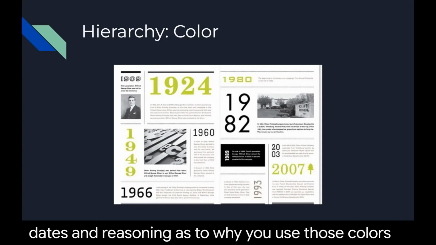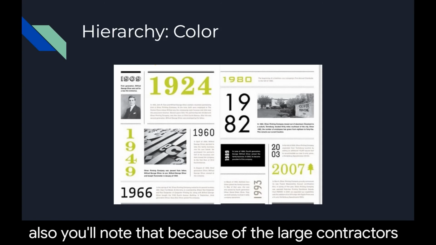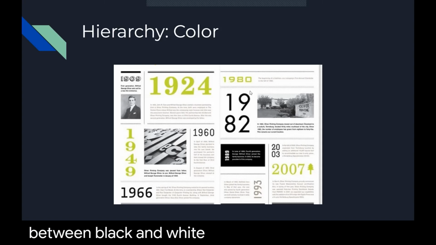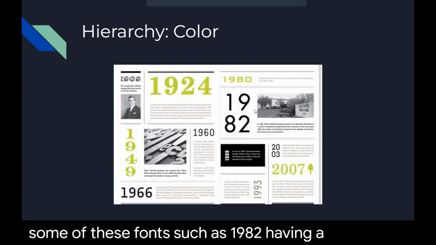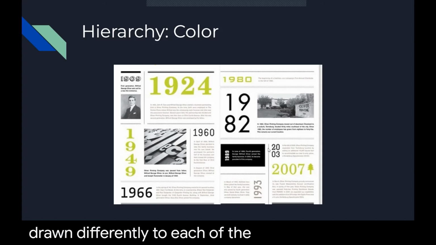Also, you'll note that because of the large contrast between black and white and the larger weight of some of these fonts, such as 1982 having a pretty heavy weight to the typeface, it allows the eye to be drawn differently to each of the numbers.